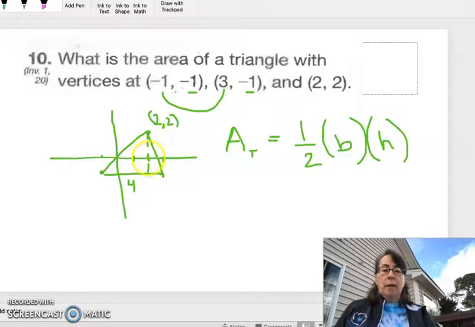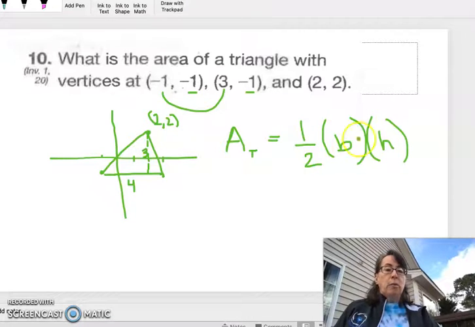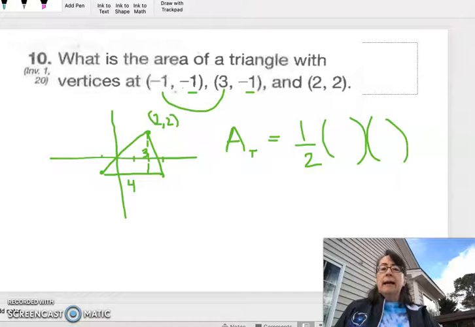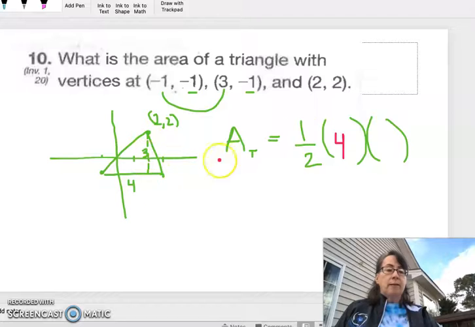So 2 above and 1 below means that the whole height is 3 units. Okay, so we're going to grab an eraser here. I'm going to erase base, and I'm going to erase height, and I'm going to put in base of 4 and height of 3.